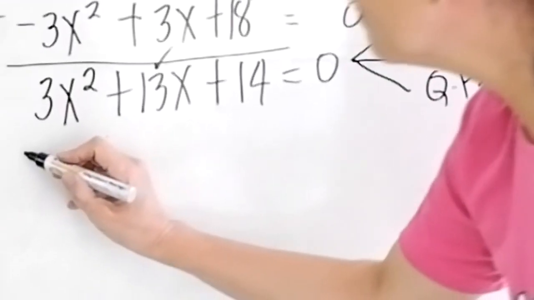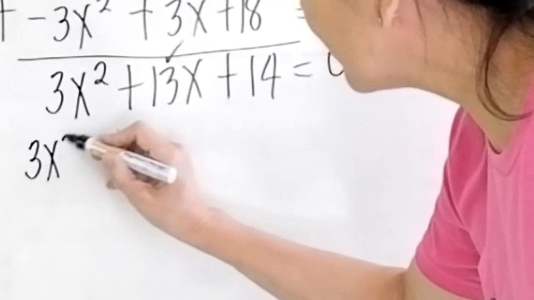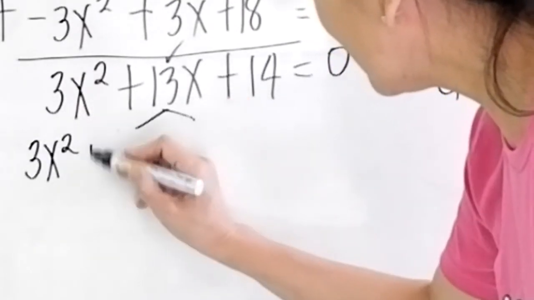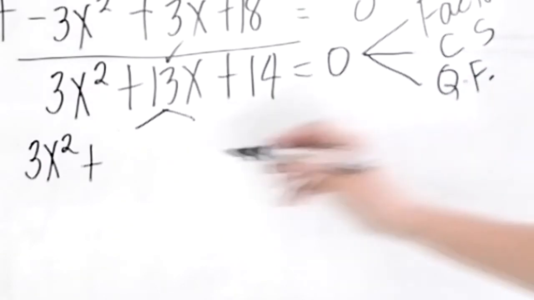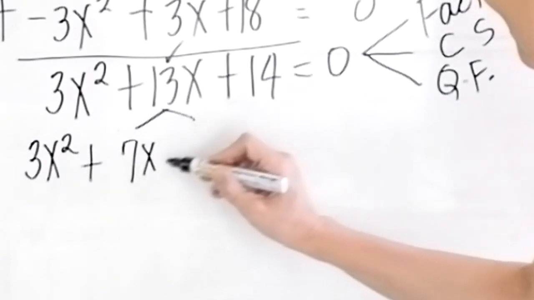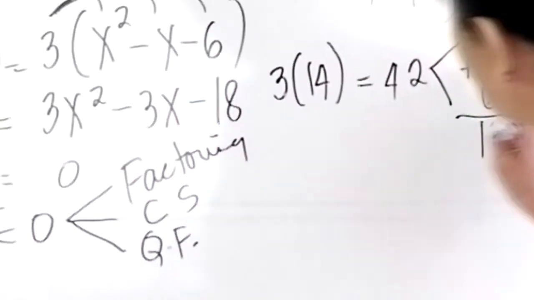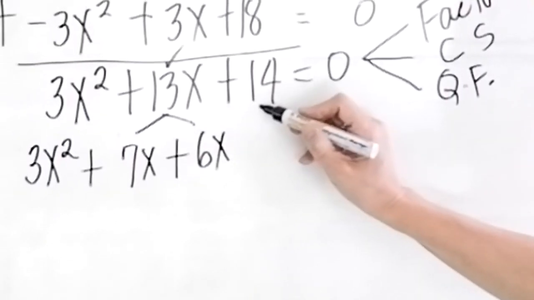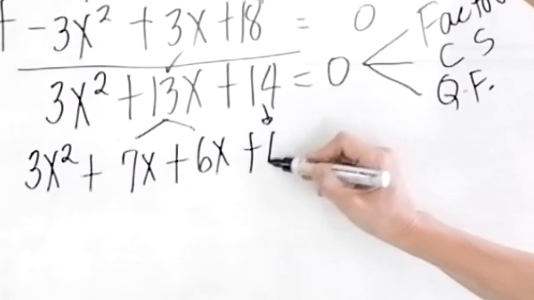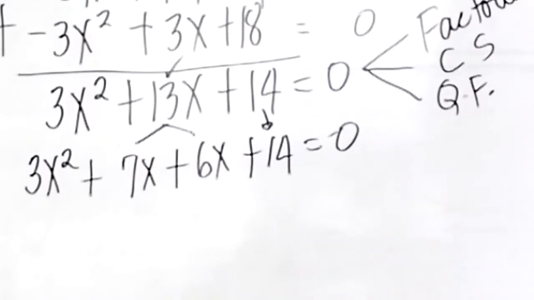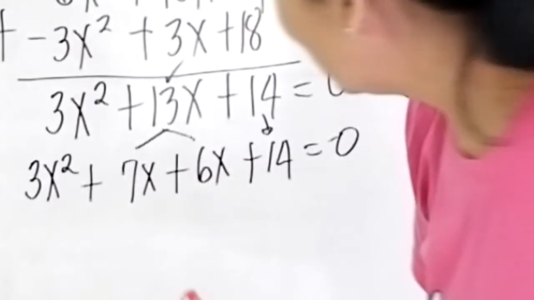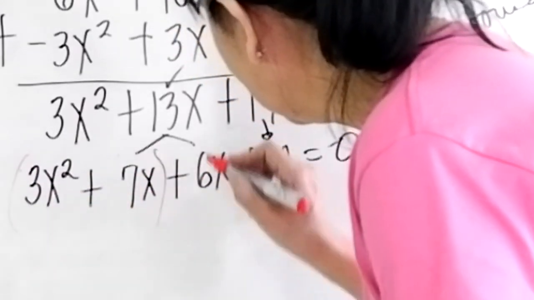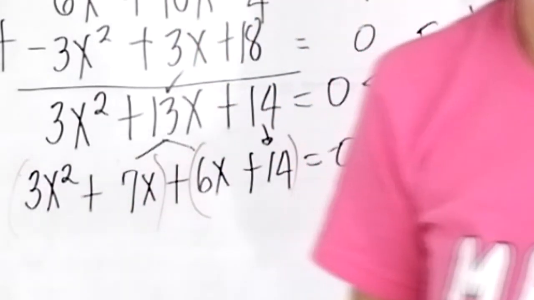There. Then, copy 3x squared. Rewrite this as 7x plus 6x, and then copy 14. Plus 14 equals 0. Combine these two.